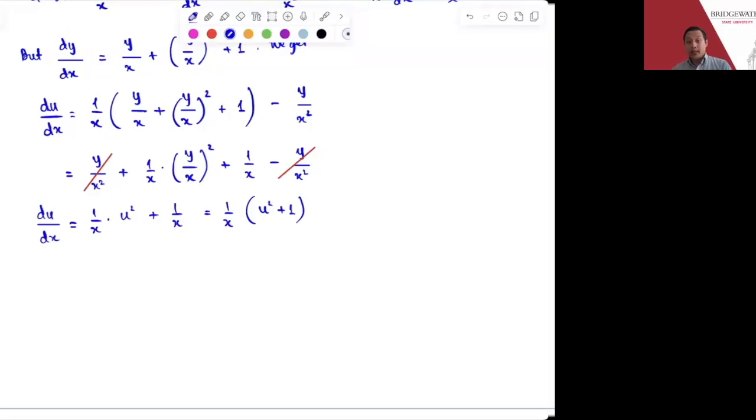Now this equation we just got is the transformed differential equation. This transformed differential equation can be solved using separation of variables. That is, you can move everything related to u to one side of the equation and everything else to the other side. So you get 1 over u squared plus 1 du equals 1 over x dx, and you integrate both sides of this equation.